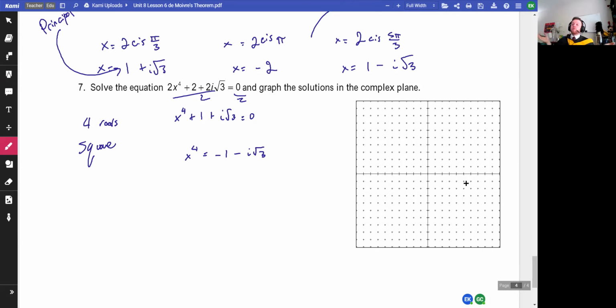And then you just got to find one root, and then you can graph them all. Is it 2? I think the magnitude's 2. Magnitude's 2. So we're 2 units away on the 2 unit circle, making a square. But we'll leave that as an exercise for the viewer.